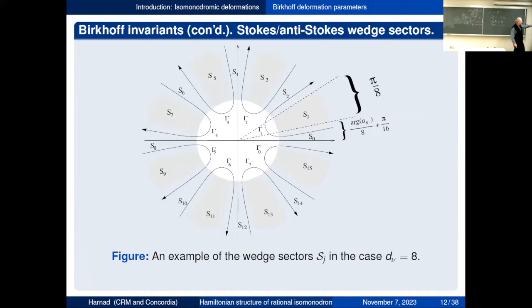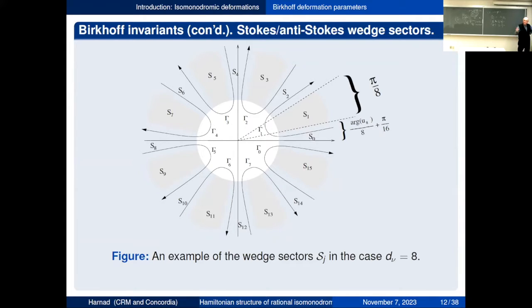In this case, the Poincaré index is 8. I put the irregular singular point with the Poincaré index 8 in the middle, and I slice it up using paths that start at infinity and go out to infinity, but don't hit any singularity. That's not important for us now. But the main point is that we have 16 different sectors.